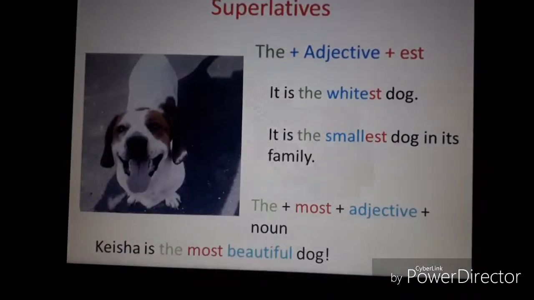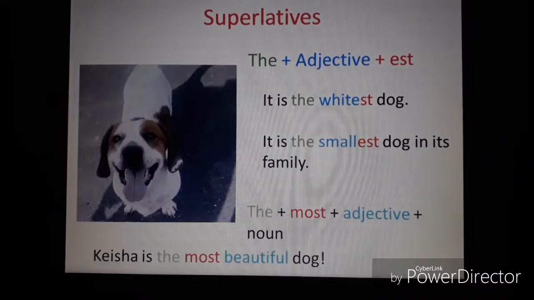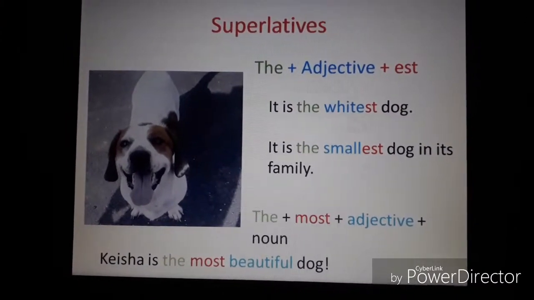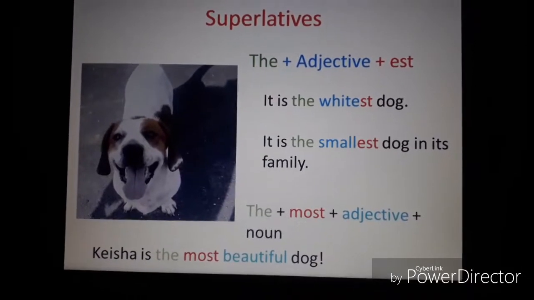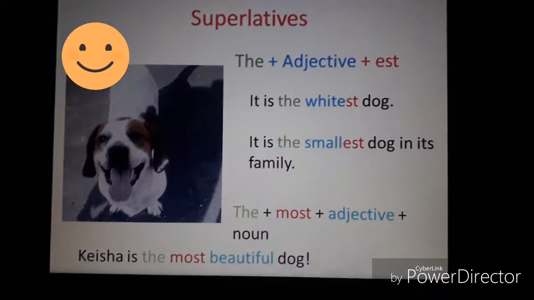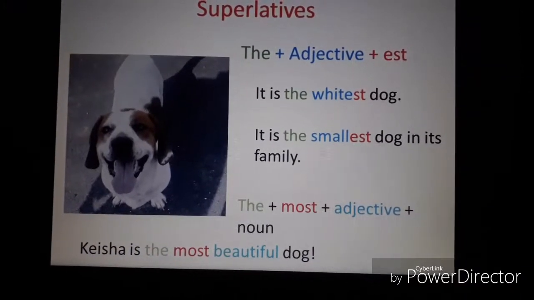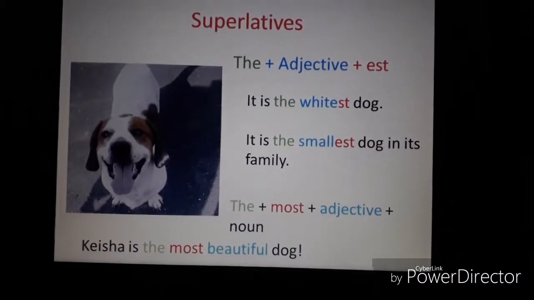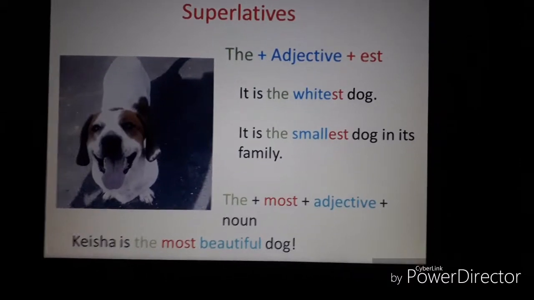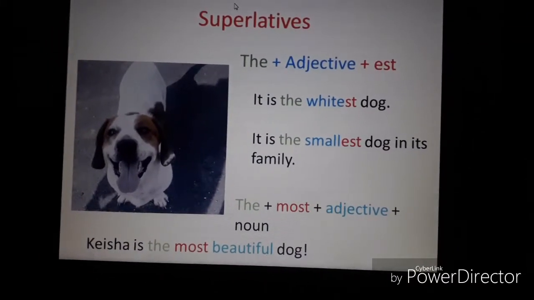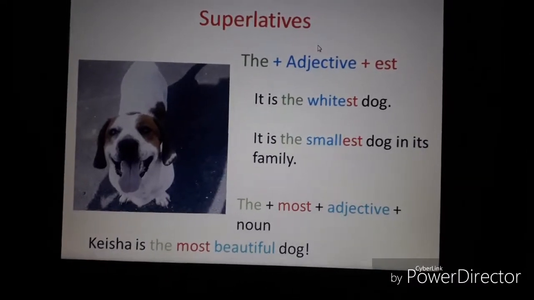And superlatives. We use superlatives to explain that something is the most of the most. Example: Keija, this dog, is the most beautiful dog. There we use key words here, that is the article the, the adjective, and then we use the est, this word.